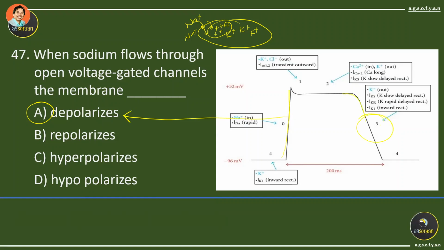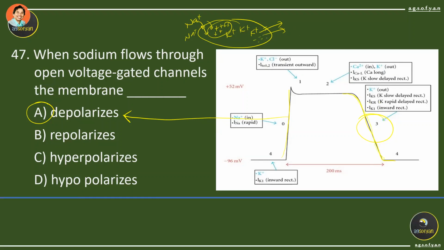The electricity decreases, which is the positive charge decreases, because when these potassium ion channels open, the potassium will go out from the cell. Remember, potassium is positive. So when positive leaves the cell, it becomes more negative or less positive.